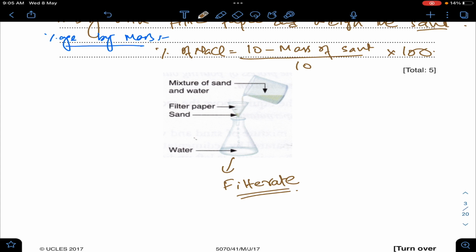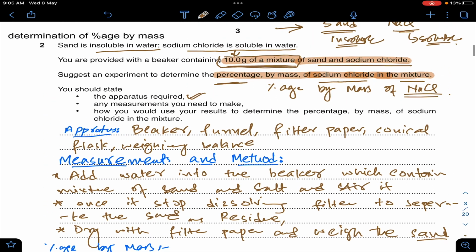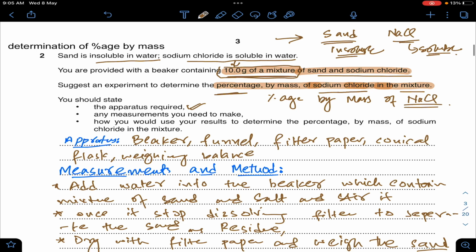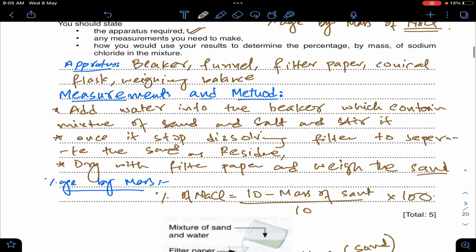And the solid part, which is sand, is the residue. The solid part which remains in the filter paper, or which doesn't pass through the filter paper, is residue. In this case, residue is sand and filtrate is salt. So this is the basic diagram. Although they didn't ask to draw the diagram in this question, this is just for the explanation.